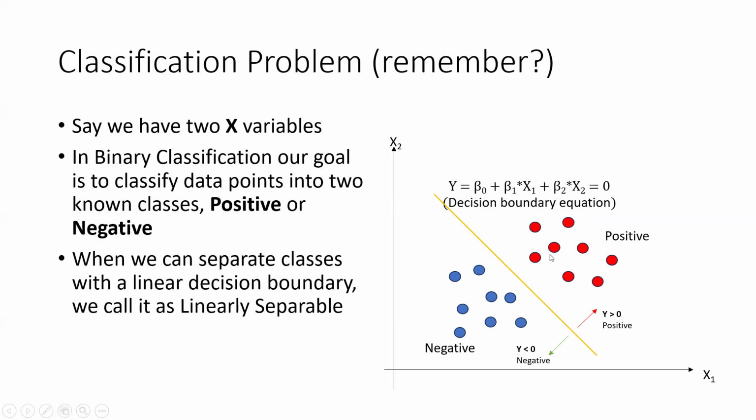We call it a binary classification problem, because we want to classify these into two classes, where there are only two classes. That is why we call it binary, because we want to classify each point as either one of them. It is a classification problem, right?